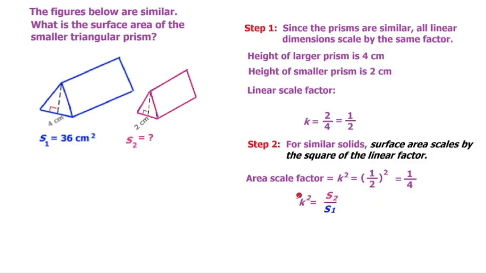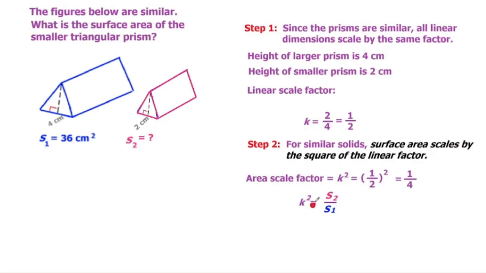So now k squared is going to equal s2 over s1, okay? Because it says here that all linear dimensions will scale by the same factor. So the surface area scales by the square of the linear factor.